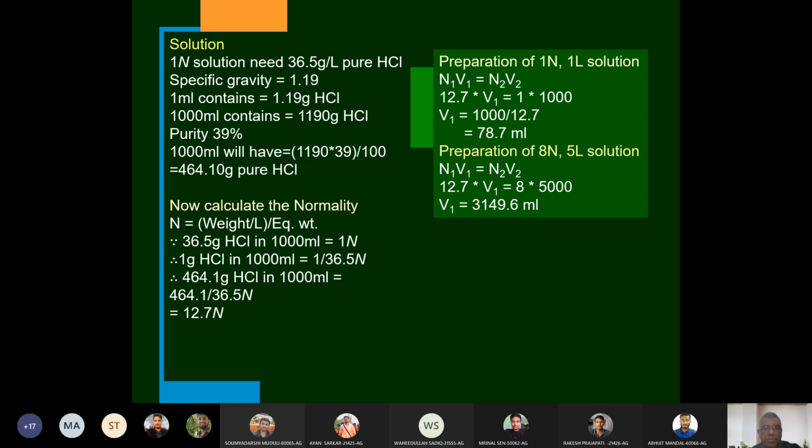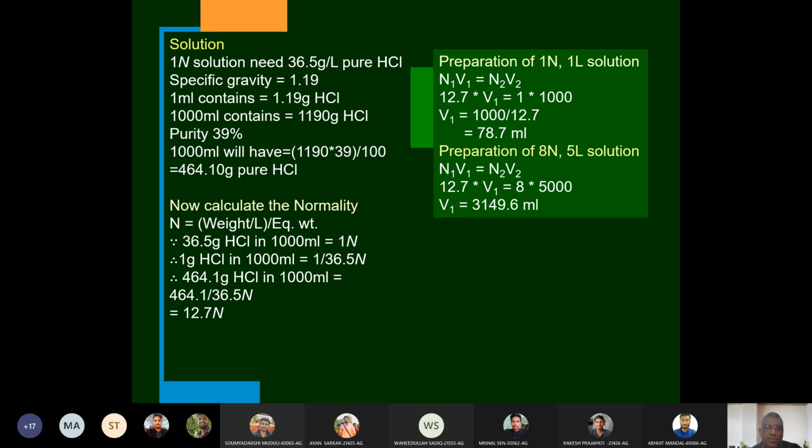Now for preparation of 1 normal 1 liter solution, use N1V1 = N2V2. We have calculated the strength of this solution, which was 12.7 normal, into volume V1. We don't know how much of this to take to make 1 normal 1 liter.